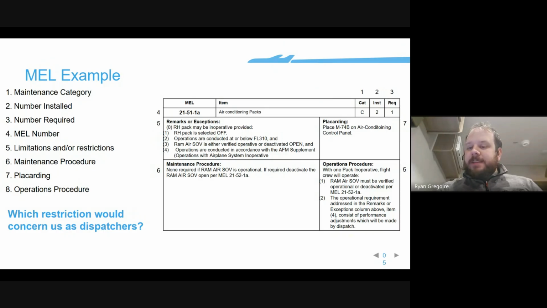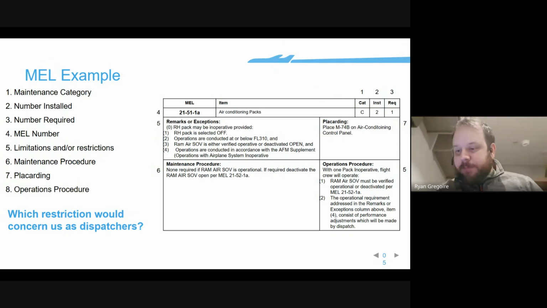Block 5 is the remarks section, and that's where our limitations and restrictions are going to be. We need to pay attention to that because there could be limitations in there that would change how we need to plan this flight, how we need to dispatch this flight. So if we read through here, we see that the right pack may be inoperative provided the right-hand pack is selected off.